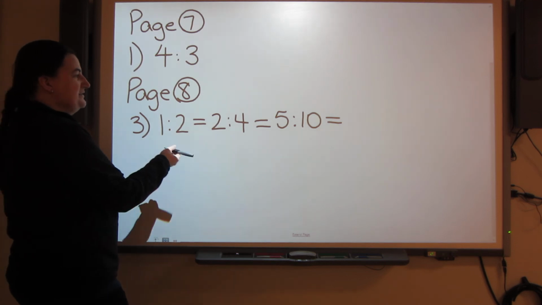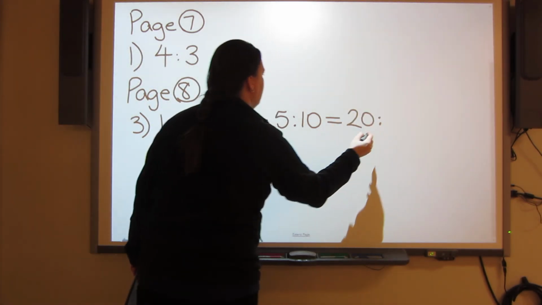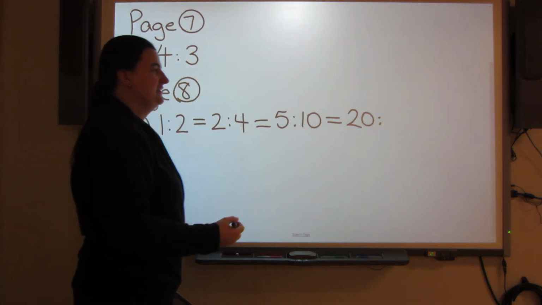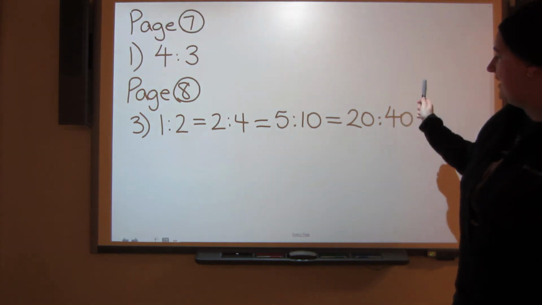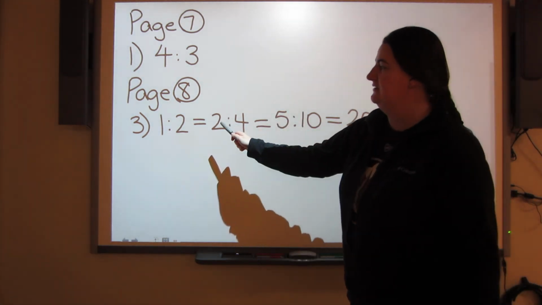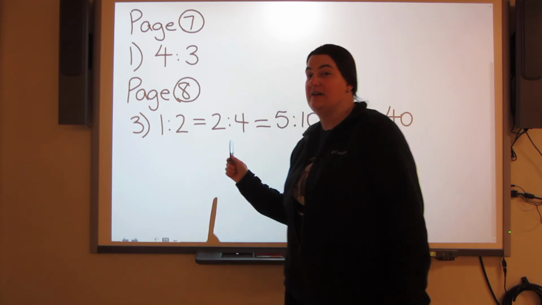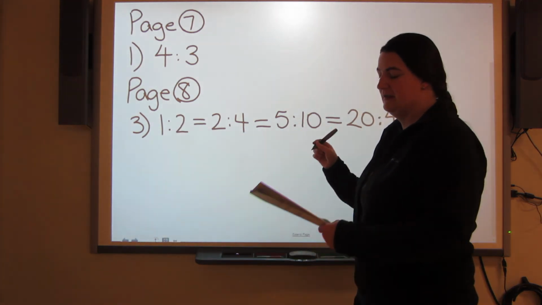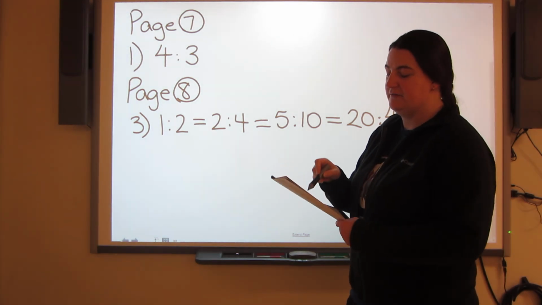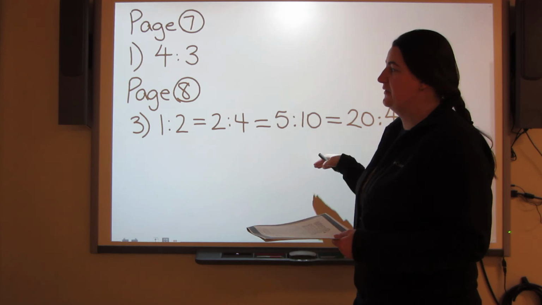So 1 times 20 is 20. 2 times 20 is 40. So these are all equivalent ratios. They all started from this one. So that's how you're going to do these questions. And you have to keep it in the ratio form. So if you notice on number 4, you have to use the words. And you have to keep it in word form.